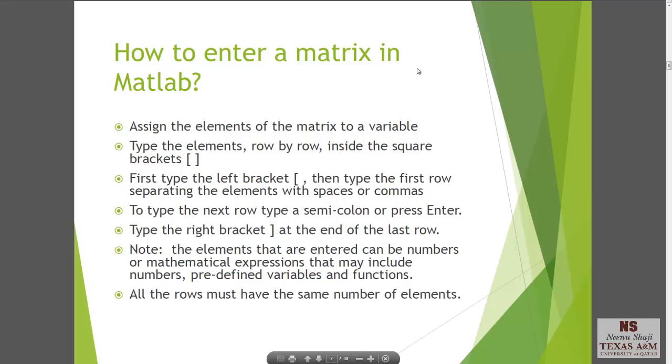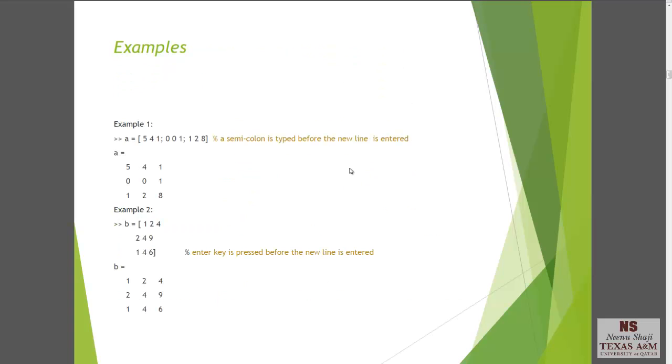How to enter a matrix in MATLAB? You have to always start with a square bracket, type the elements row-wise, and to go from one row to the other, you use a semicolon. So we have an example here, and example number 2 is where we use the enter key.